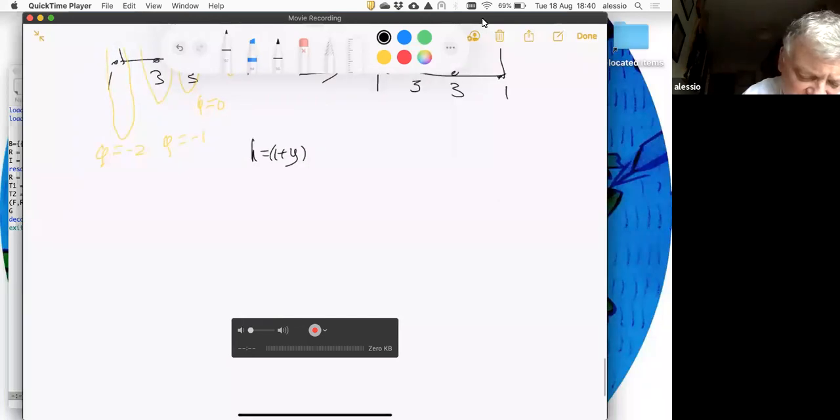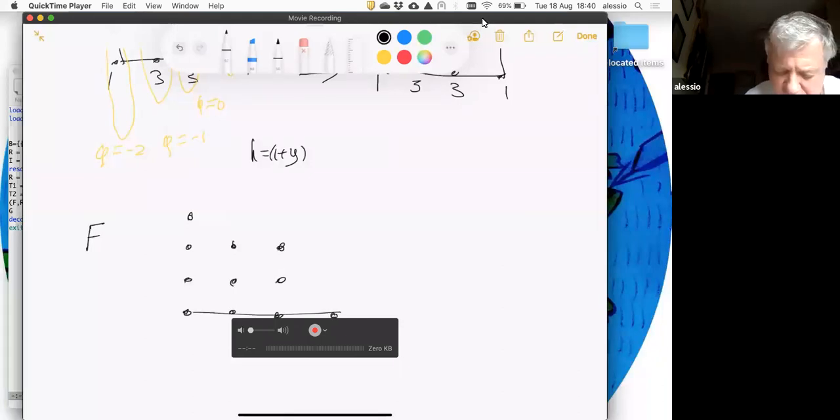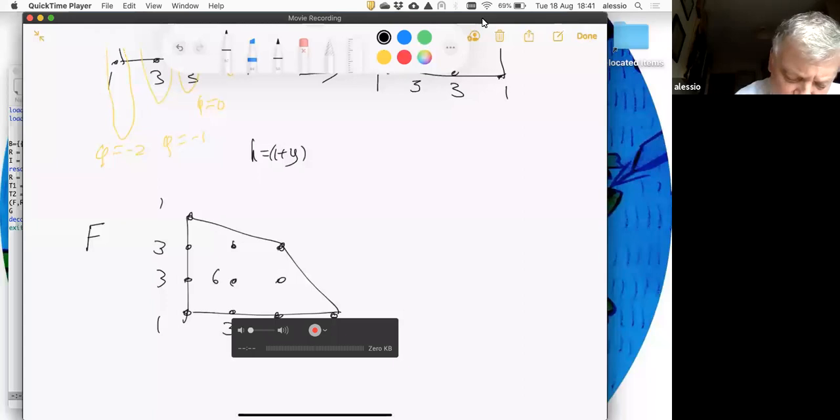Perhaps I want to choose f, so now this polygon here. And so I'm going to write 1, 3, 3, 1, 3, 6, 4, 3, 3, 1, and 1.